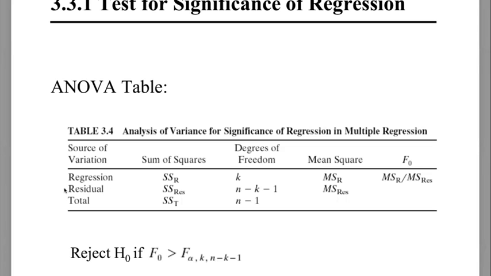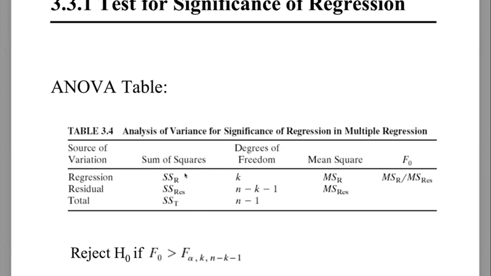In some output, you'll see it called error. And then we have the sum of squares column, and again, we have the total sum of squares, SST, as they're denoting it here. This is the total corrected sum of squares in the response.